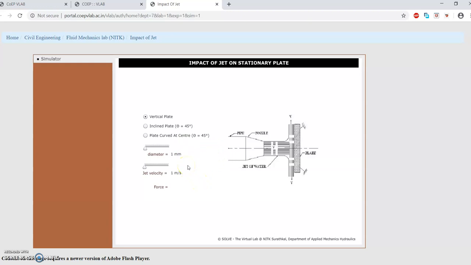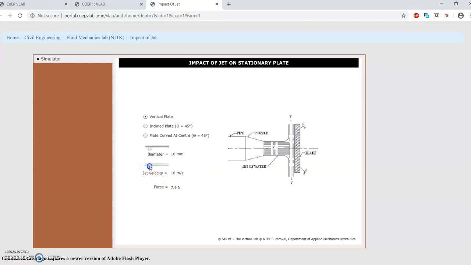Area and velocity. Now area is pi by 4 d square, d being the diameter of the pipe. So diameter of the pipe might vary, so here we can change the diameter of the pipe. Let's say I am keeping it as 10 mm. The initial velocity of the fluid here is something which I can decide.